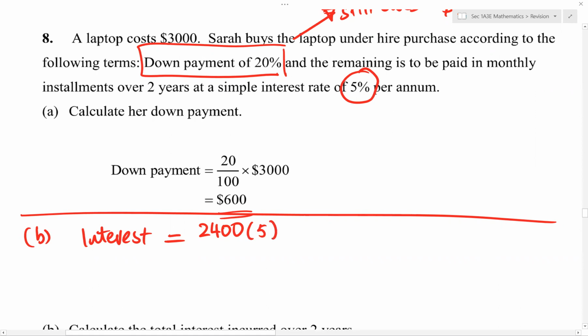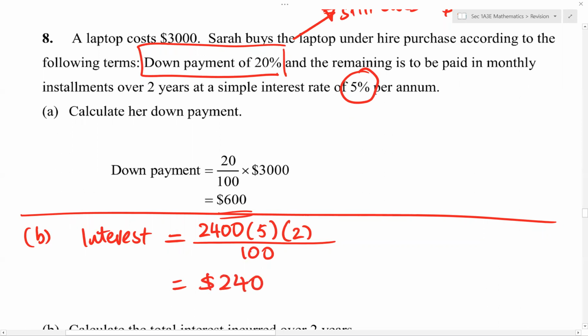Next is to multiply by T, which is the duration in the number of years. So duration, number of years, 2 years, divided by 100. And this gives us the answer straight away. 24 times 10, $240.